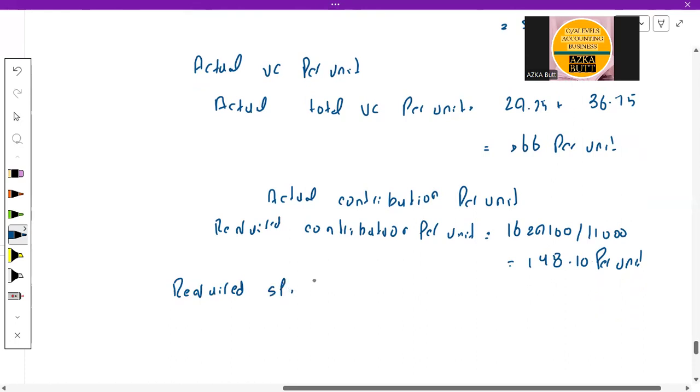So required selling price is equal to actual variable cost per unit plus required contribution per unit.